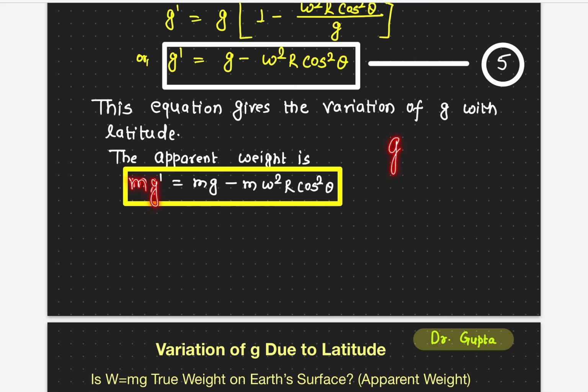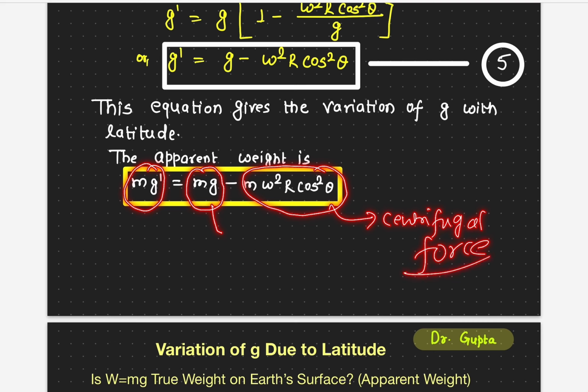If you know the g and multiply by the mass, that gives you the weight. So this is the apparent weight, and this would be the weight due to gravity, and this would be the centrifugal force.